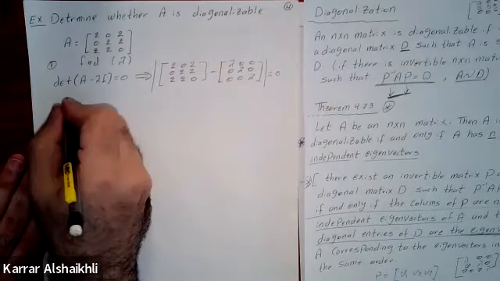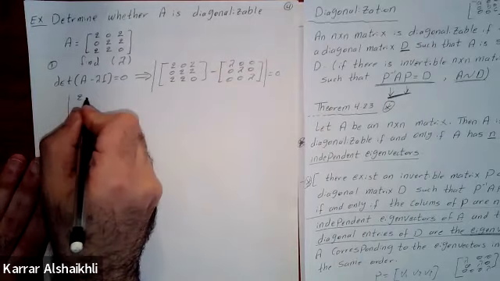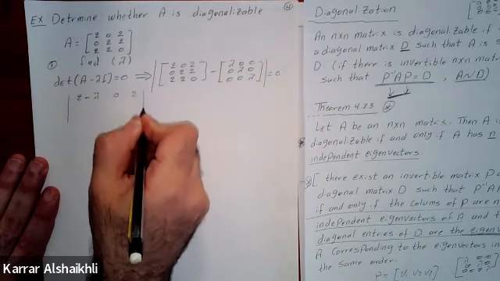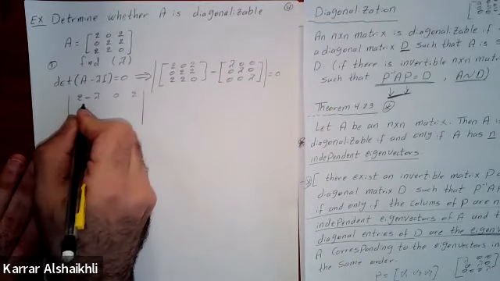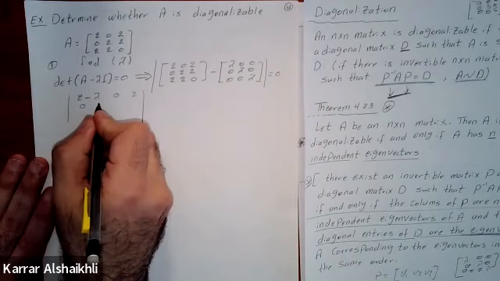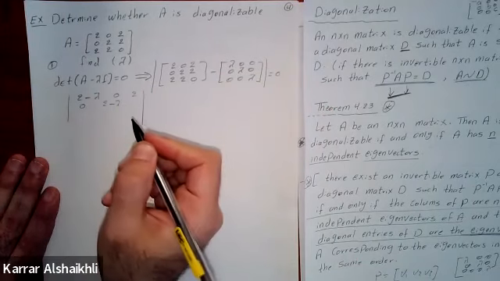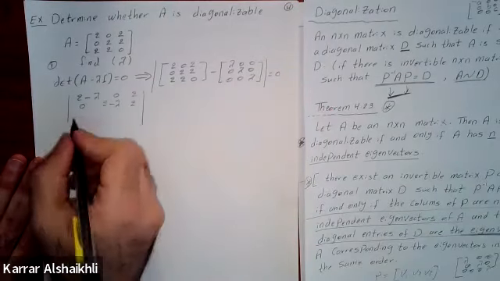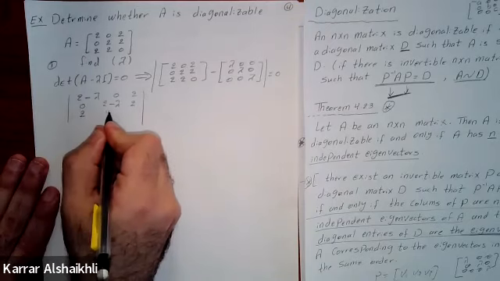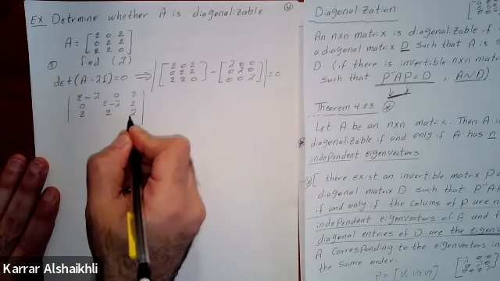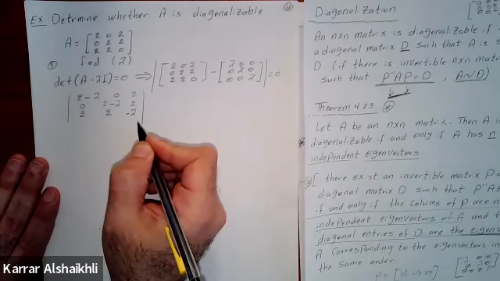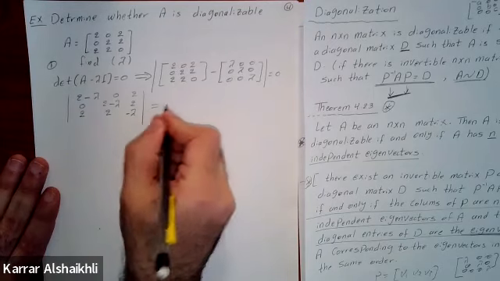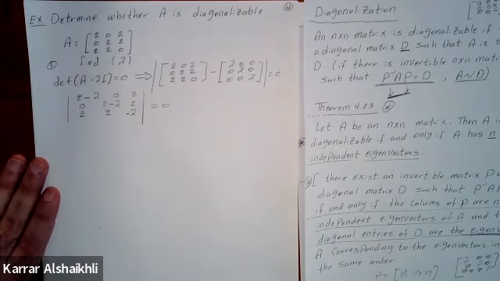That's A minus lambda I here. It's going to be 2 minus lambda, 0, and here is going to be 2. This one is going to be 0, 2 minus lambda, and here's 2. And here's 2, 2. And how are we going to find the determinant for this matrix?